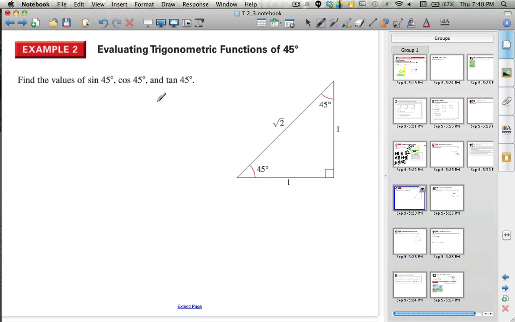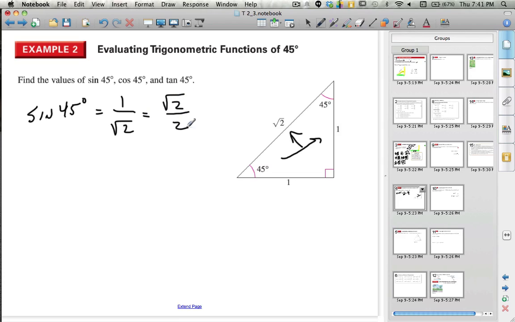So if we want to work with this, we've got a right triangle, an isosceles right triangle. These angles are 45. And if I want to find the sine of 45 degrees, it's going to be equal to the side opposite over the hypotenuse. So that would be 1 over root 2. And when I rationalize the denominator, I'll have root 2 over 2.